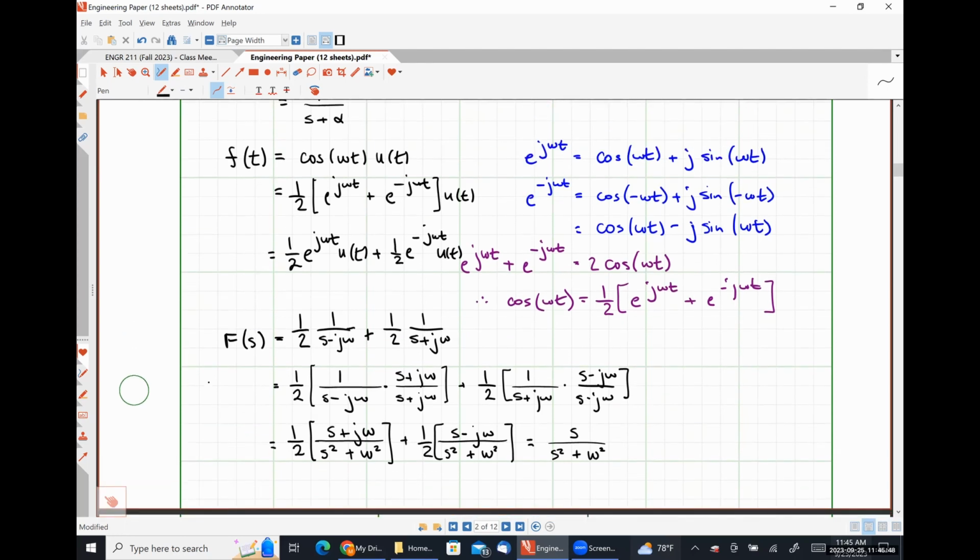To get cosine, I added these two expressions together, where just the cosine parts survive that process. So how am I going to get the sine part to survive the process? Subtract. Absolutely right. So e to the j omega t minus e to the negative j omega t is going to look like 2j times sine of omega t.